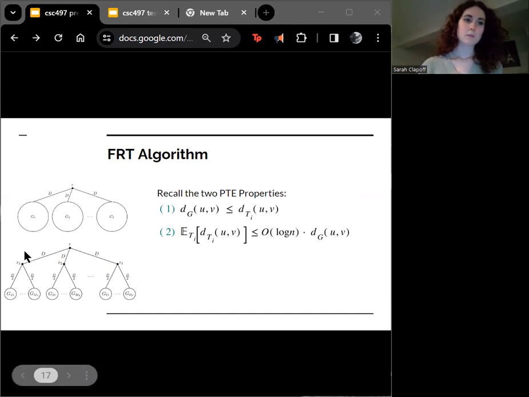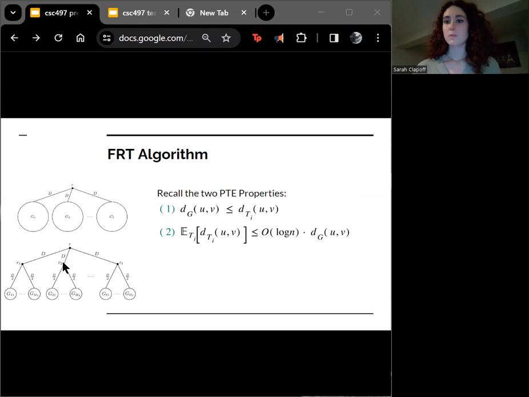And so to get from U to V, you have to go up the subtree that contains U and then down the subtree that contains V. Through doing that, you have to travel over at least delta and then delta again. So you're traveling over at least two edges of delta, and so the distance in T between U and V is at least 2 delta. Remember, the distance in G is at most delta, so we know that dT(u,v) is greater than or equal to dG(u,v).